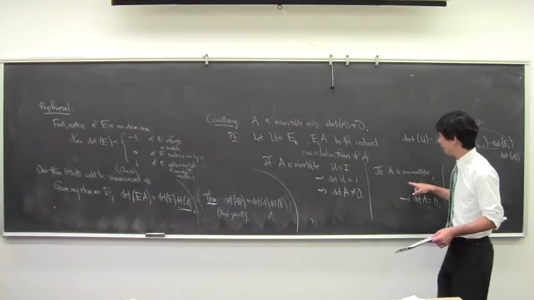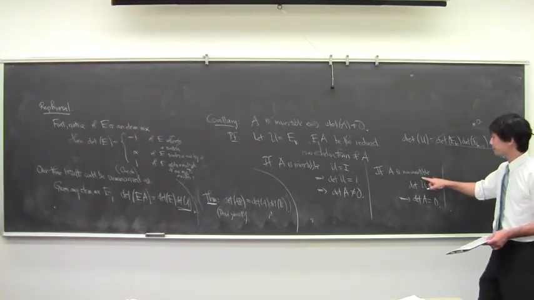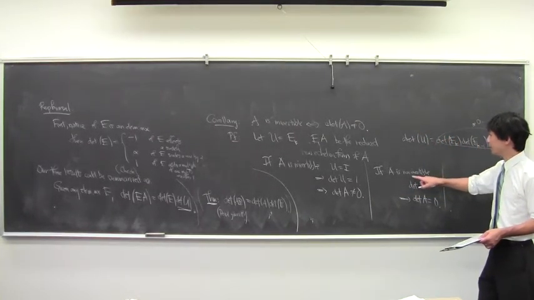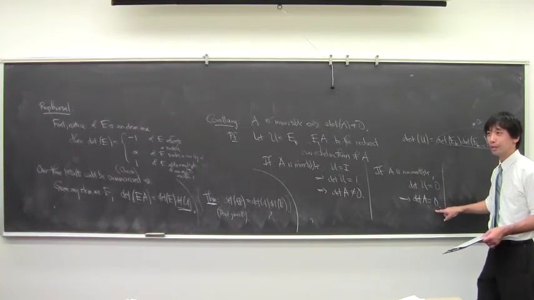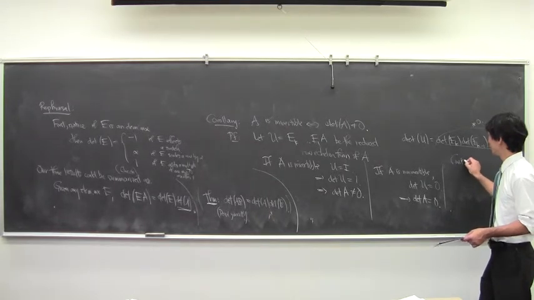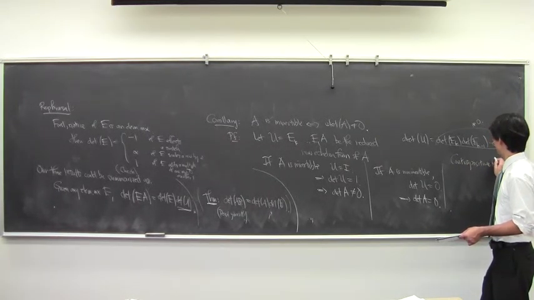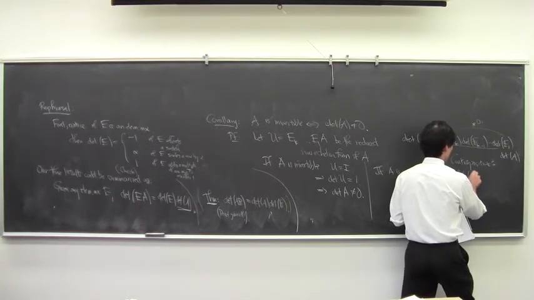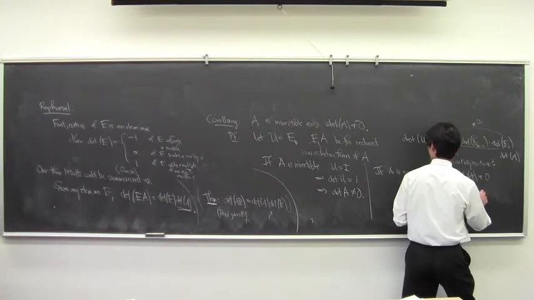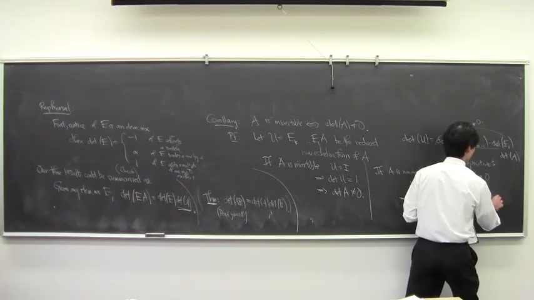In the second part, we show that if A is non-invertible, then the determinant is 0. If we state that in the contrapositive form, the contrapositive statement is that if the determinant is non-zero, then A is invertible.